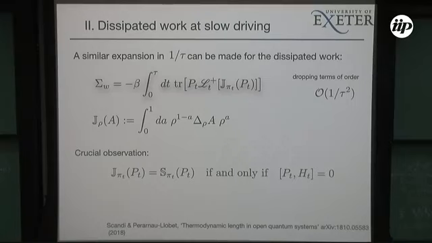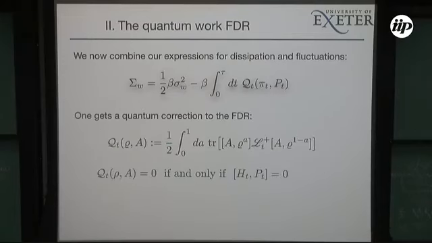So what we find, when we put these two results together, is a modified fluctuation-dissipation relation. You actually find that the dissipated work is not proportional to the fluctuations. And it's all to do with the fact that the Hamiltonian will not generally commute with its power. So we get this extra term here.